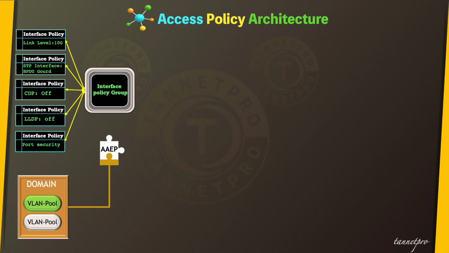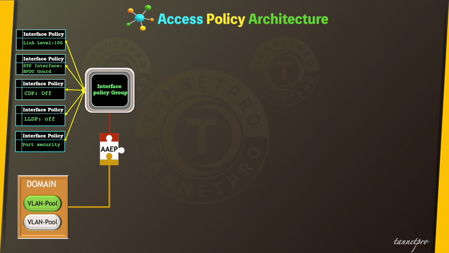Great. So as of now we understand. Now the question is when the domain and the AAP get connected. This is the time: whenever we create the interface policy group, it will automatically ask you for your AAP. At that time you will map or glue or attach your domains.